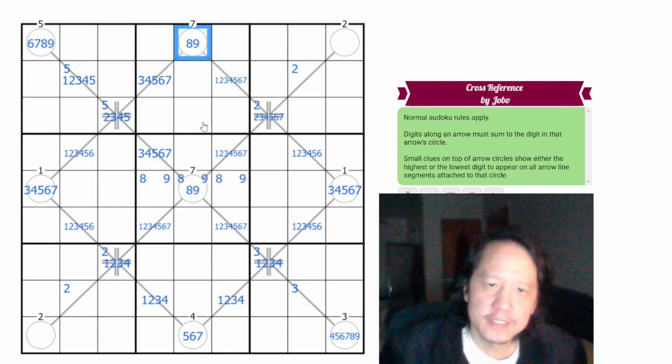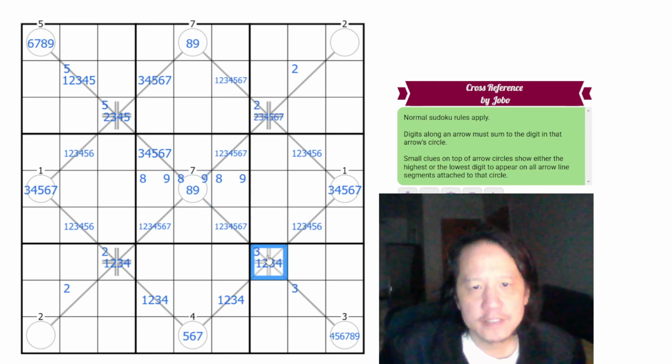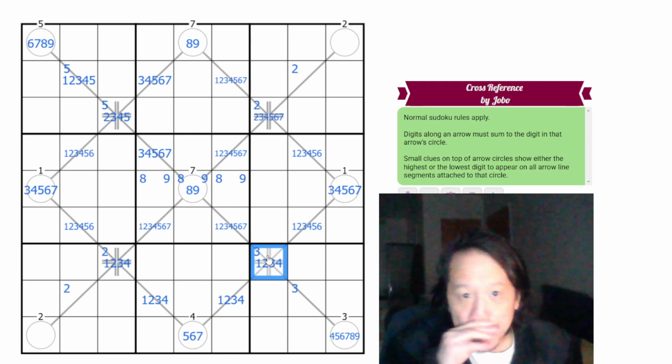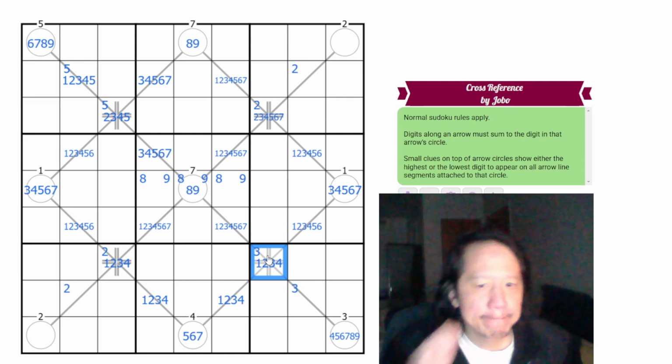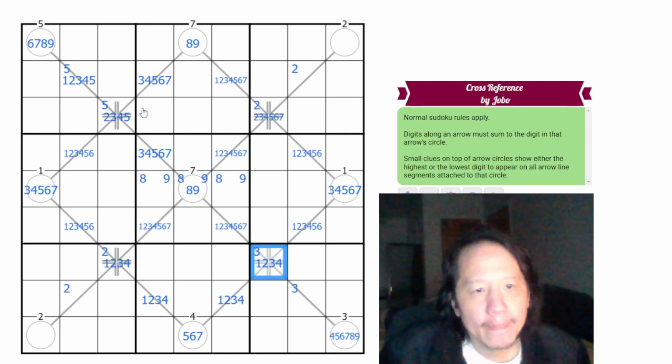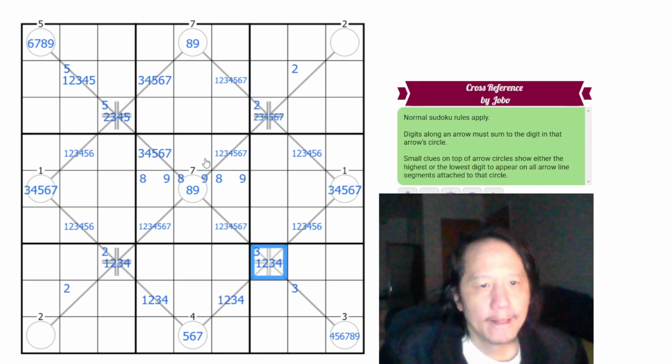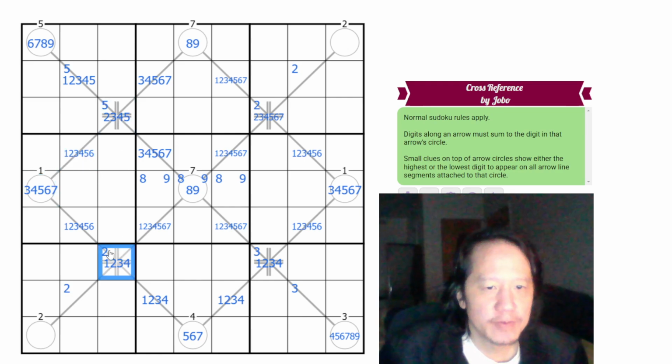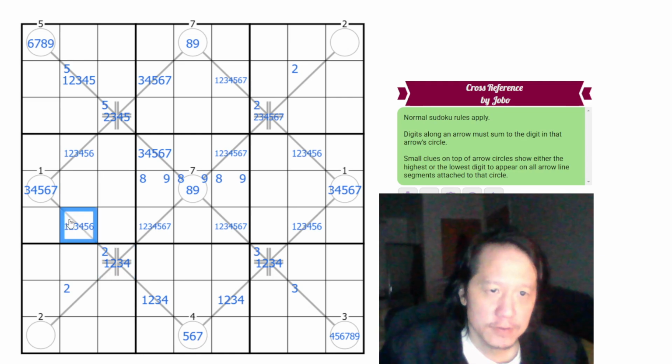One of them, in these 2 cells, does have to be a 9, though. That's actually very interesting. If that were the case, if this were 3, this would have to be 1. This would be 2. This would then be 1. This would be 2. So that seems feasible still.